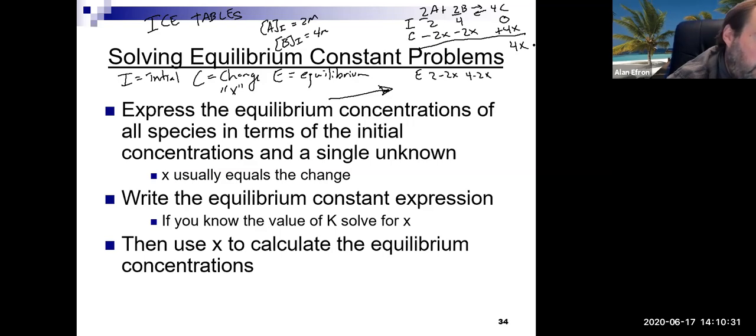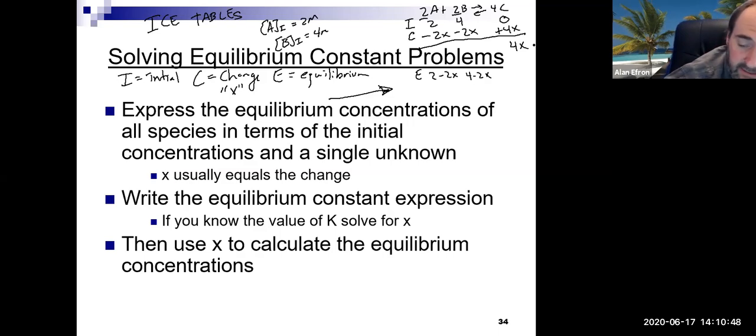And the goal here, mathematically, is that we need to solve for x. So how do we solve for x? I'm going to explain how to solve for x right now, if that's what you're asking.